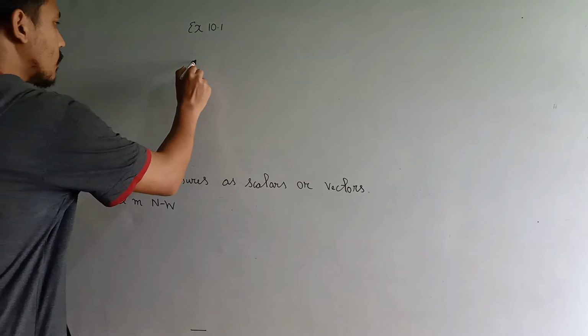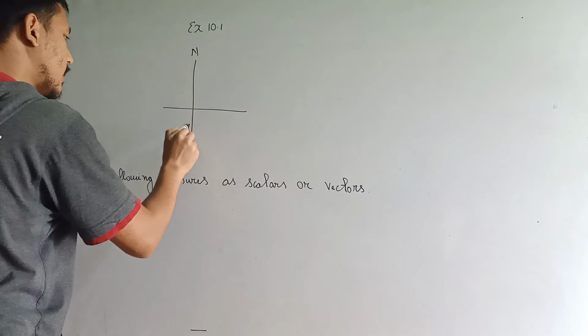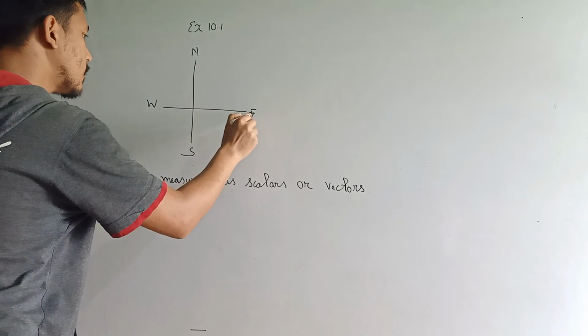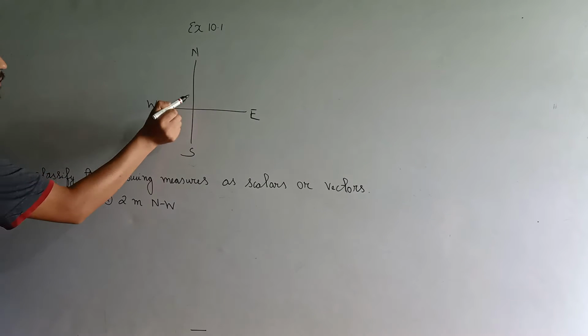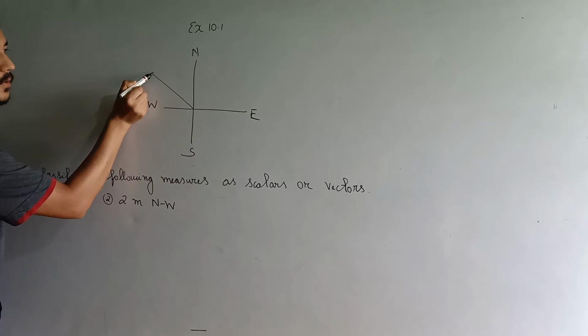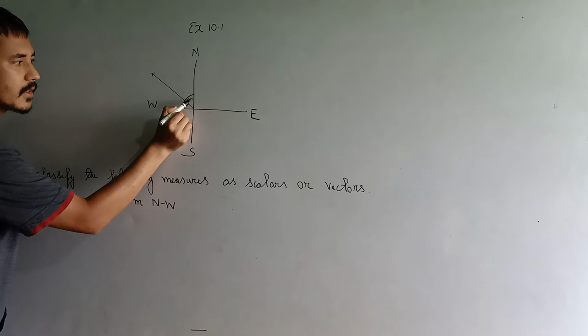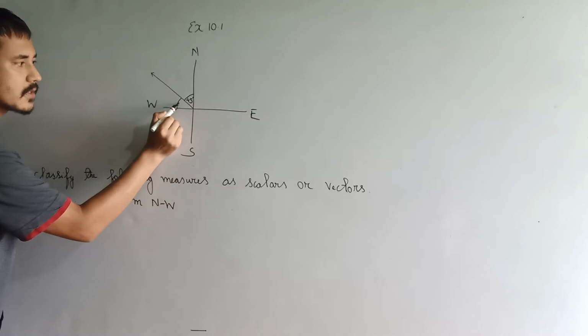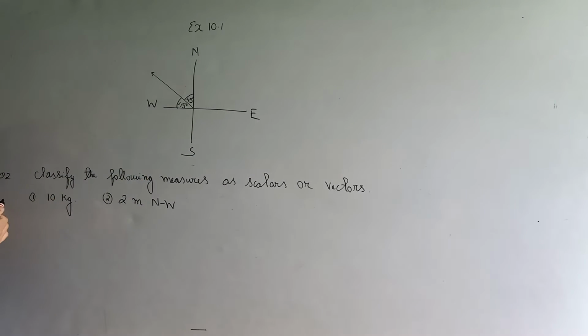Northwest means, this is your north, south, west, east. 2 meters northwest means this is your northwest direction where the angle is 45 degree. Here also the angle is 45 degree because the angle between north and west is 90.